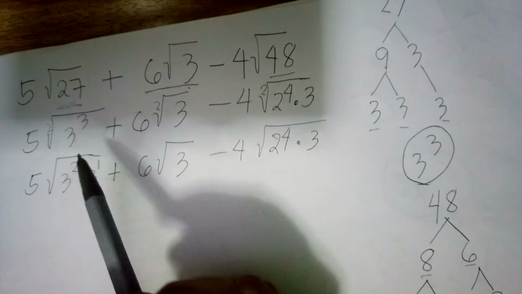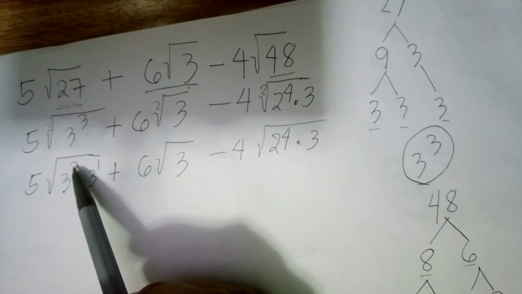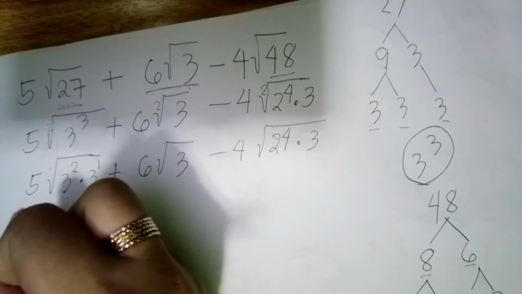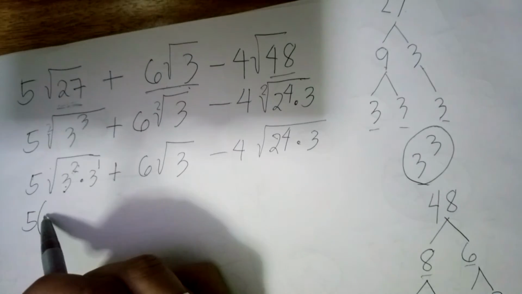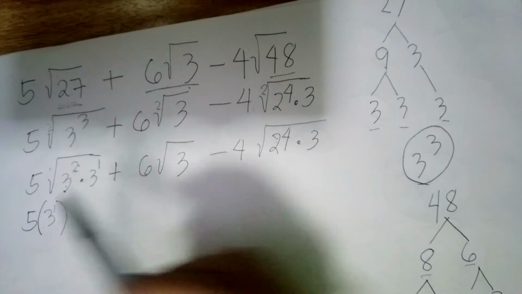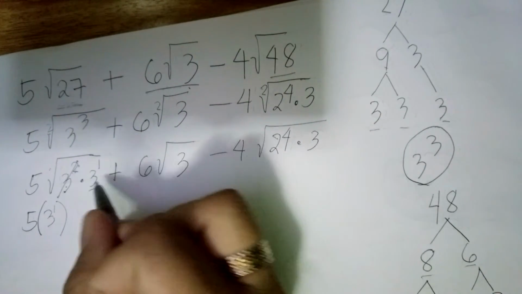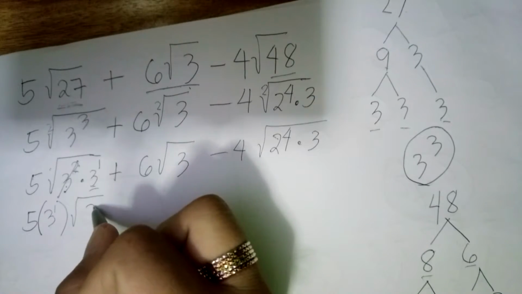Then you will get the square root of 3 squared. 2 divided by 2 is 1, so the square root of 3 squared is 3, because 2 divided by 2 is 1. So there's power 1 there. And then 3 is already prime, so that is left under the radical sign here.